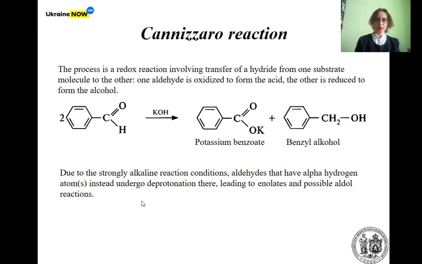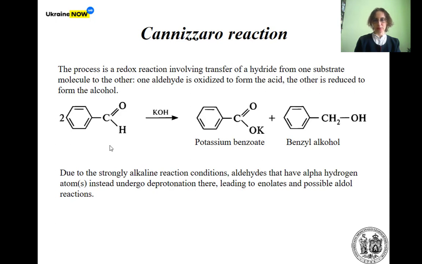Next reaction is the Cannizzaro reaction. This is a dismutation reaction because during this reaction oxidized and reduced aldehyde are formed. This reaction is usual for aromatic aldehydes that don't have hydrogens at alpha carbons.